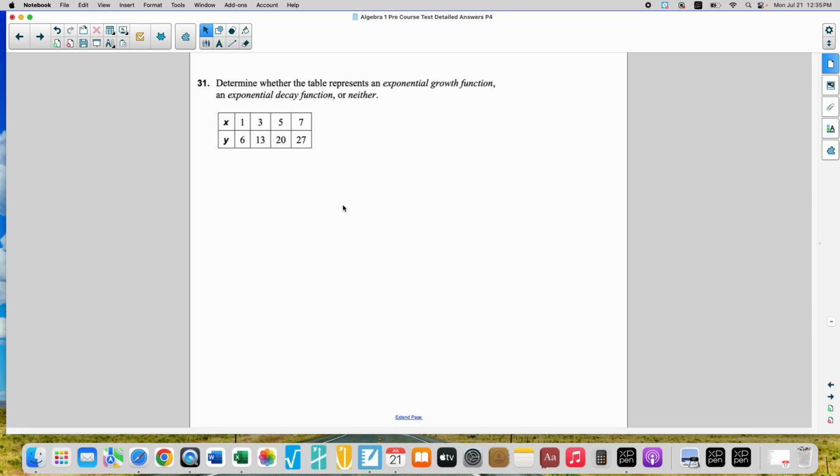Number 31, determine whether the table represents exponential growth, exponential decay, or neither.